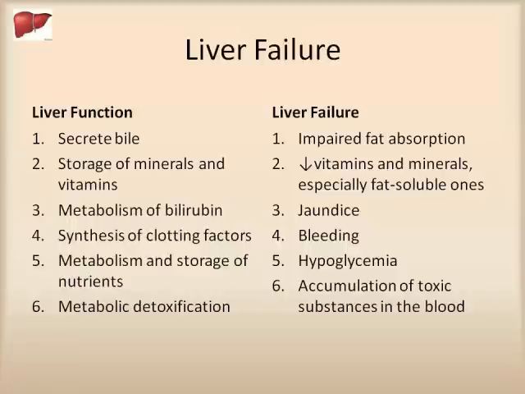The liver is also supposed to help detoxify the blood. Well, if the liver's not working, you're not doing that real well, any medications we give people are going to build up very quickly, and the medications themselves are going to become toxic.